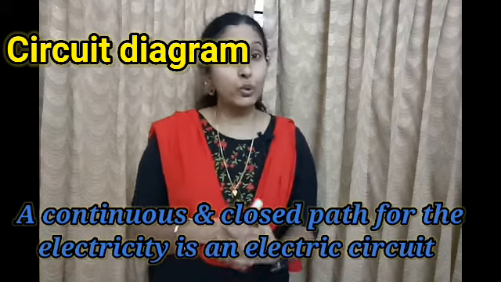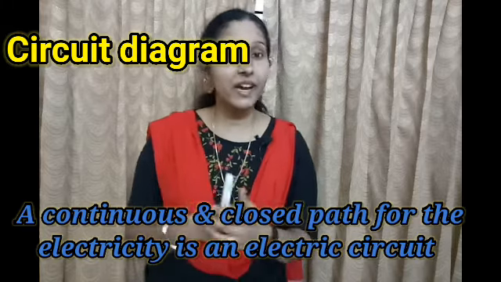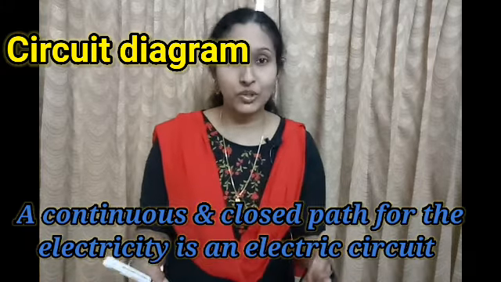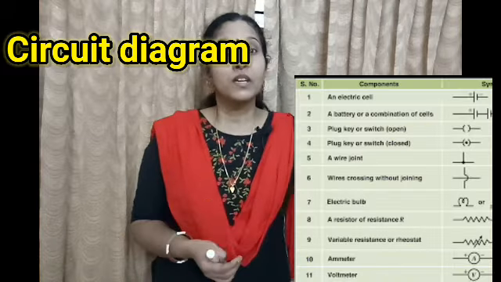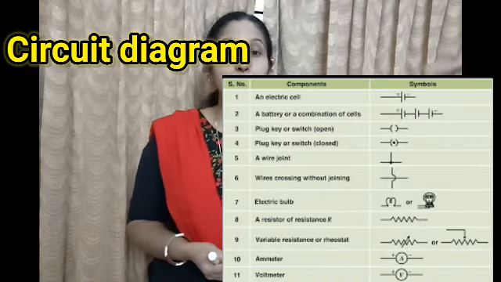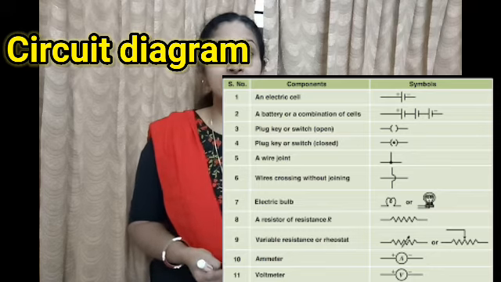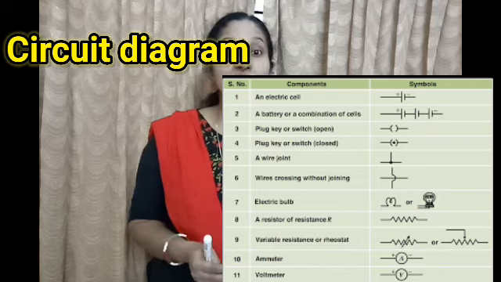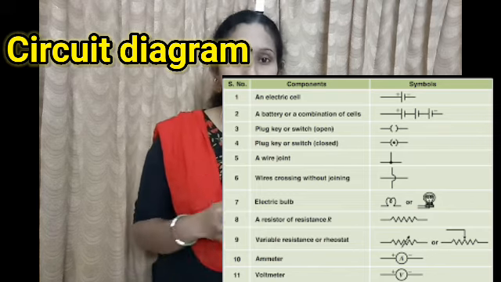We can use certain symbols to draw the circuit, right? So you can see a chart containing symbols like battery, cell, voltmeter, ammeter, key, connection wires, etc. We are using these symbols to design a circuit diagram.